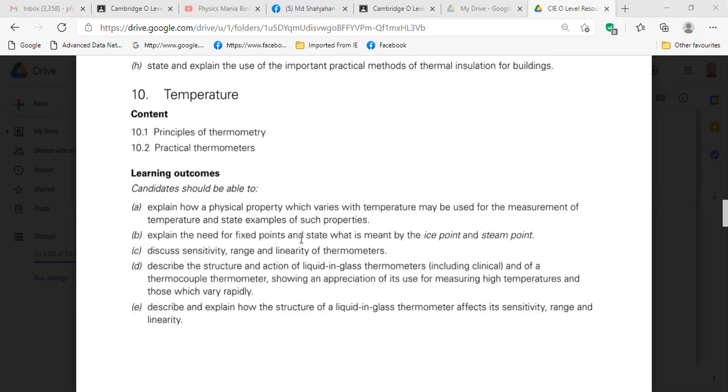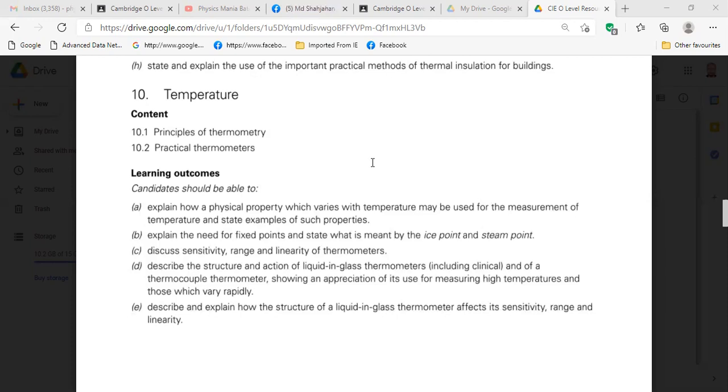You see, there are some terms given here: sensitivity, range, linearity of thermometers. So this property of expansion of liquid with a particular sequence, this is called linearity of the thermometer.